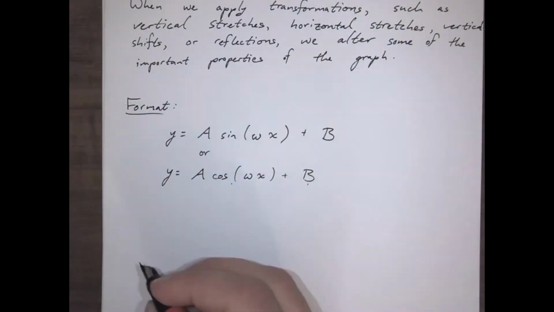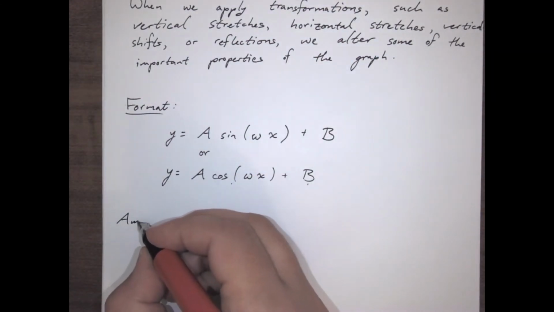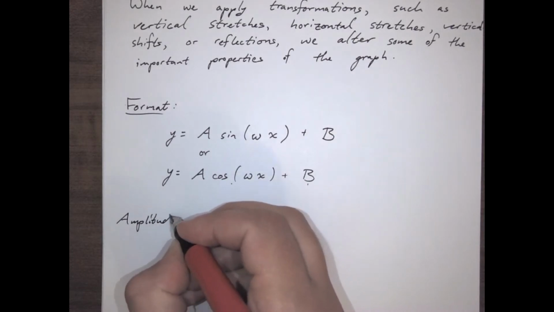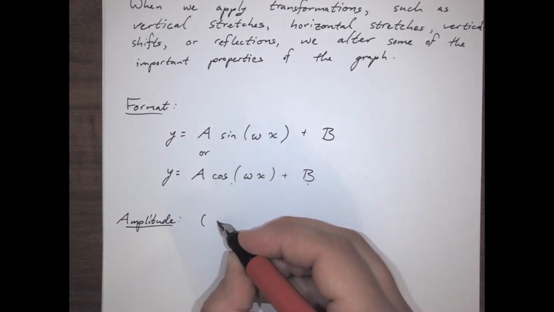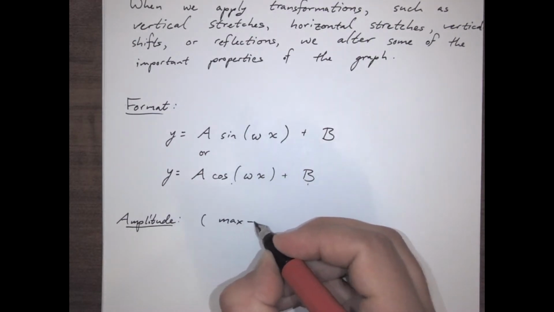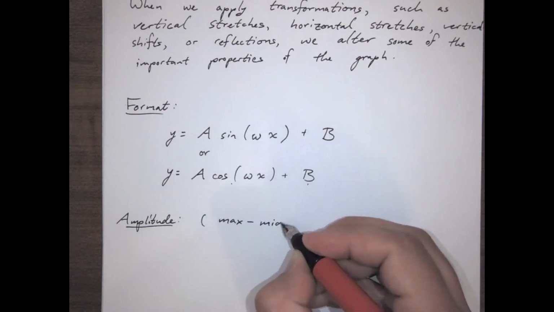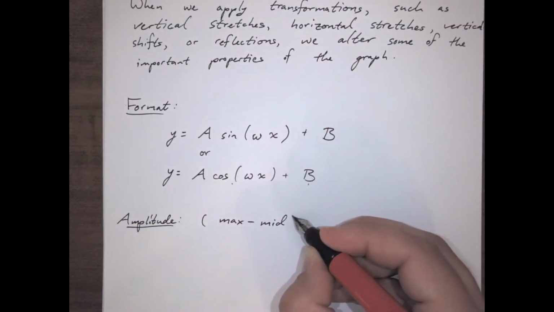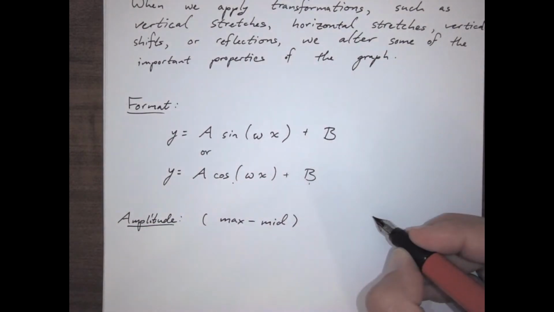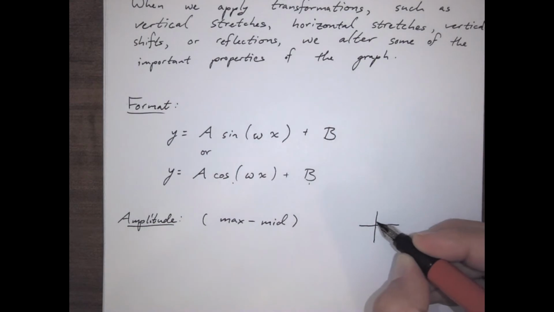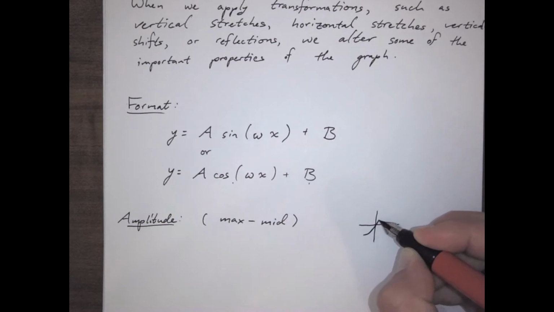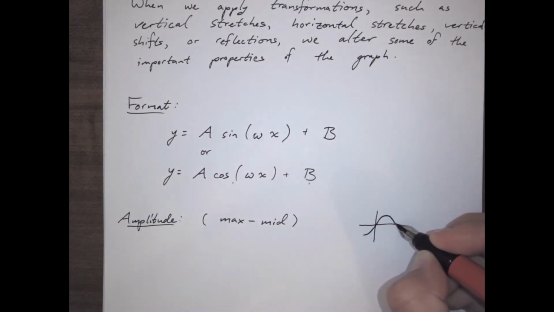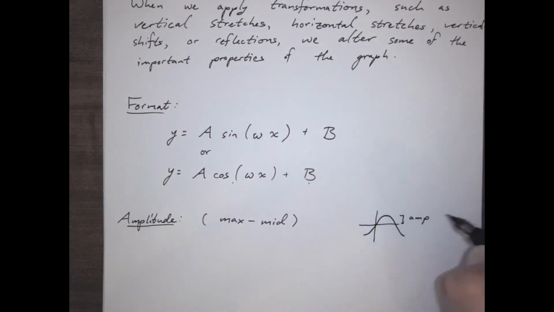So first off, we have the issue of the amplitude, which we can think of as the max minus the midline. So the amplitude represents, if we're talking about any kind of trigonometric function, this amount right here.